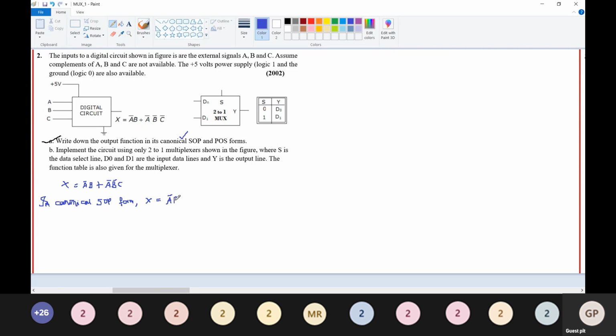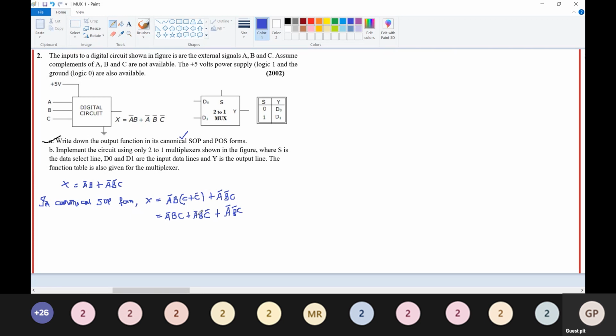So A'B(C + C') + A'B'C. Now multiply this: A'BC + A'BC' + A'B'C.